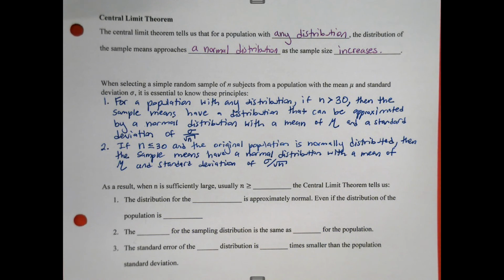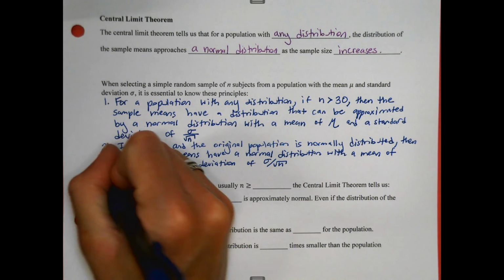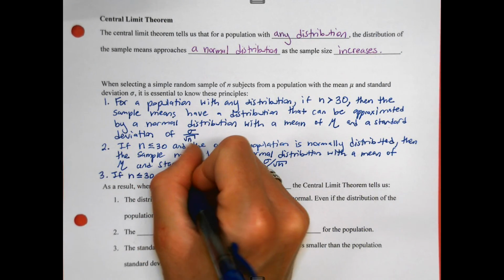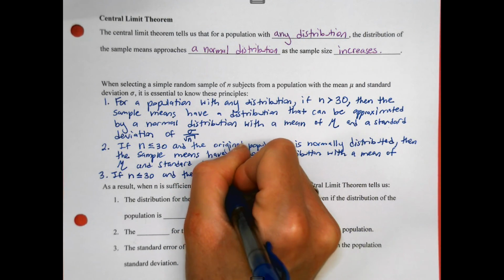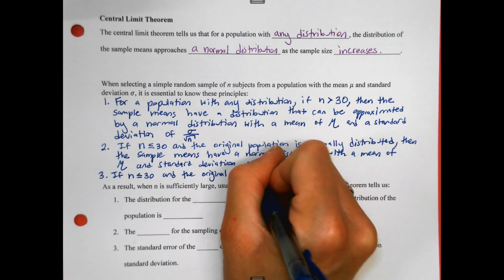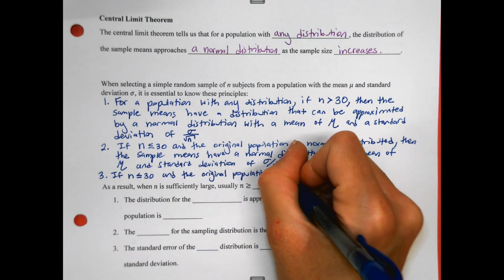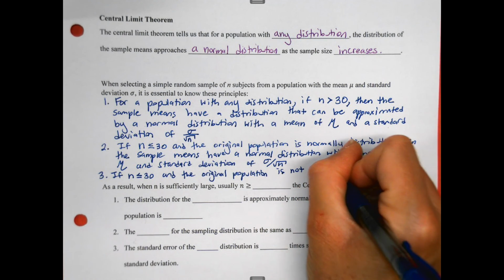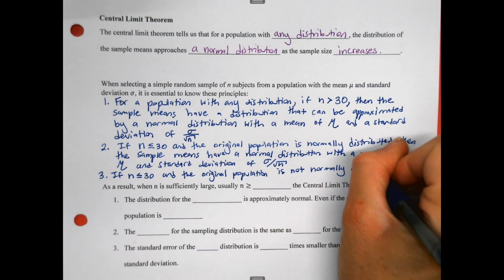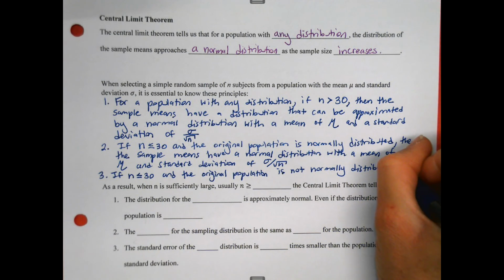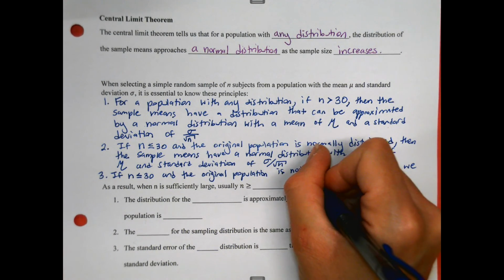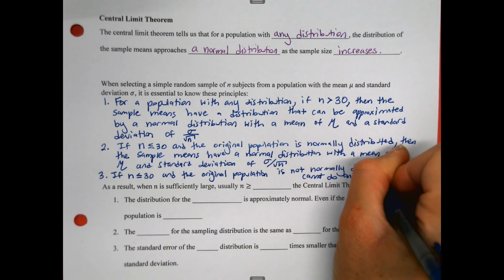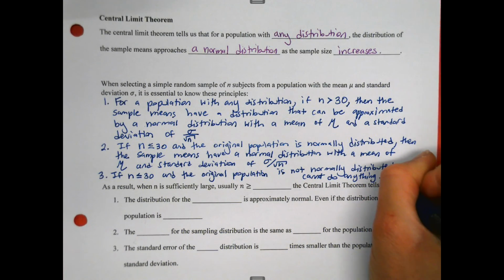And the last one, if n is less than or equal to 30 and the original population is not normally distributed, we cannot do anything yet.